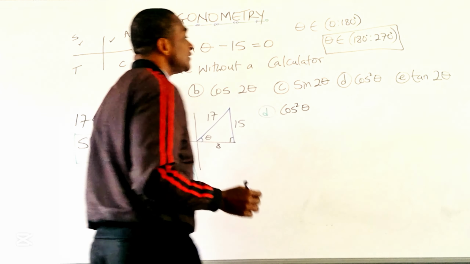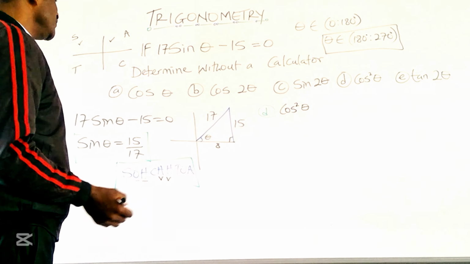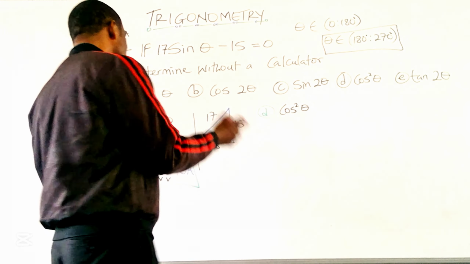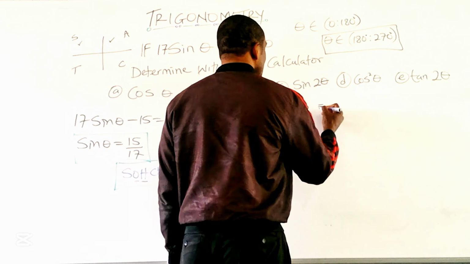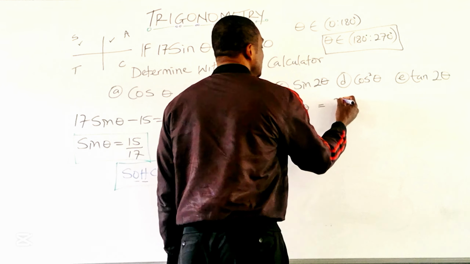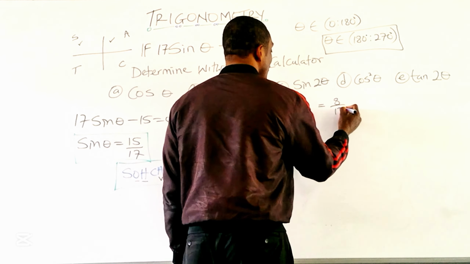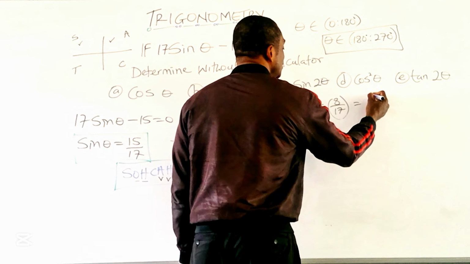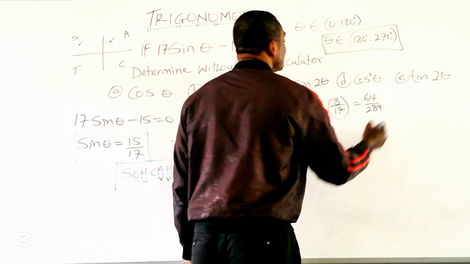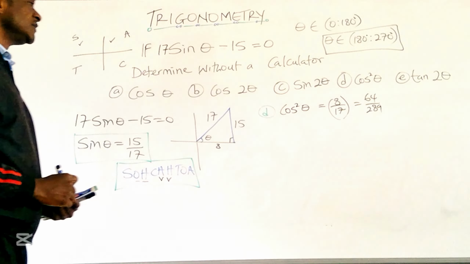There are 2 ways of doing this. We can just take the value of cos theta and square it. So this is the simplest approach. Cos theta is adjacent over hypotenuse. So we have 8 over 17 all squared, which will give us 64 over 289. That is cos squared theta.